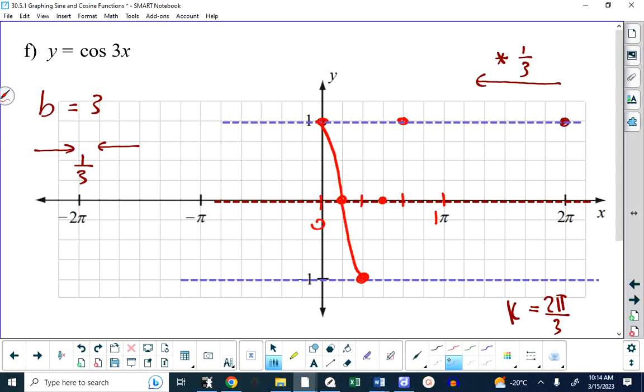This is what it looks like. And if you wanted to, you could sketch more cycles. Domain, any real number. Range, -1 is less than or equal to y, which is less than or equal to 1, and the amplitude is 1.